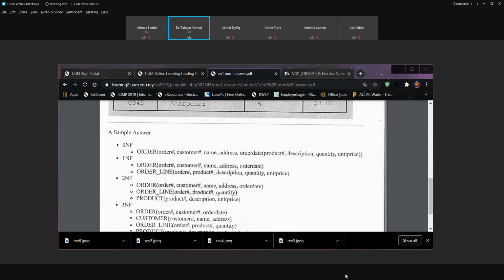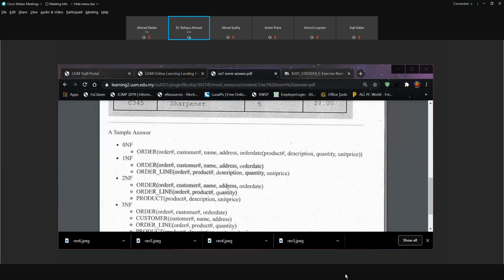So we can see here name hanya depend on customer number. Address also depend on customer number. Order date depend on order number. Okay, so therefore your table akan jadi order number, customer number, order date.